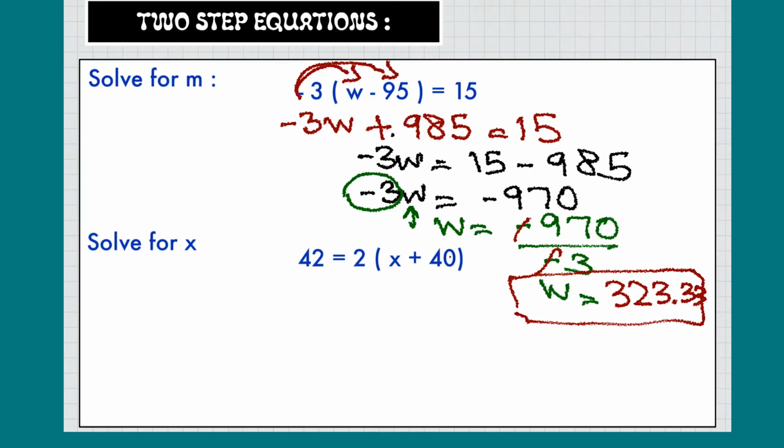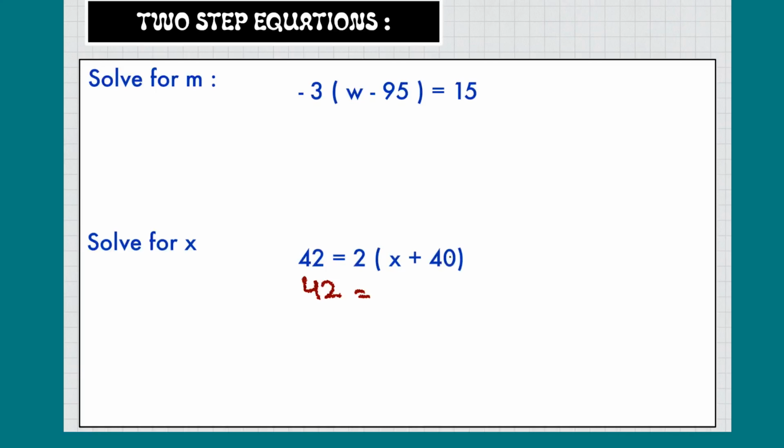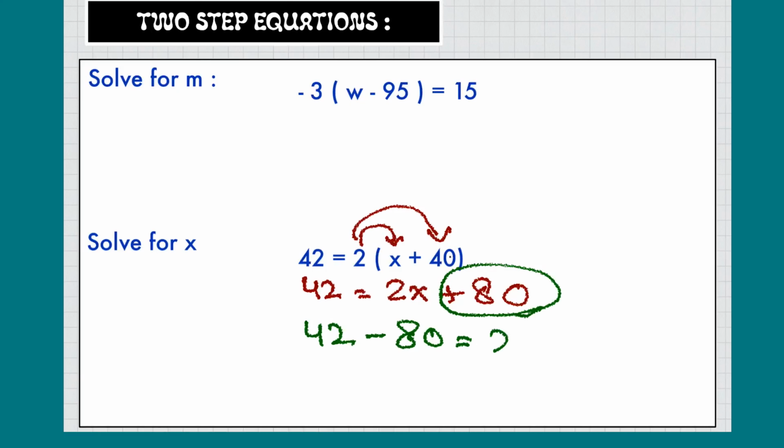Let's solve this next question together as well. First we will expand this bracket. 2 times x is 2x, and then 2 times 40 is plus 80. This is our unknown x term we need to find. What we do is we take everything next to it to the other side. So 42 minus 80 equals 2x.